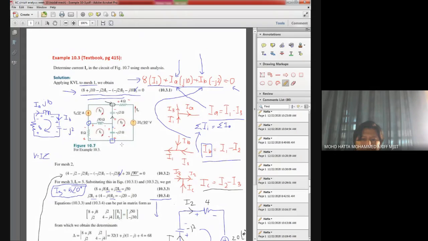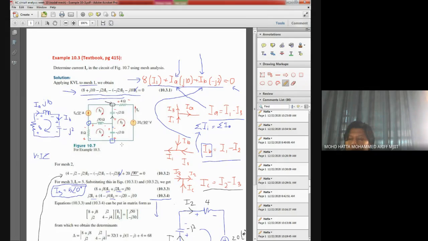If you don't understand this circuit, forget about 10.4. Please understand how to solve this simple mesh analysis of AC circuit and build your confidence in order to solve super mesh based on your knowledge of basic mesh analysis.